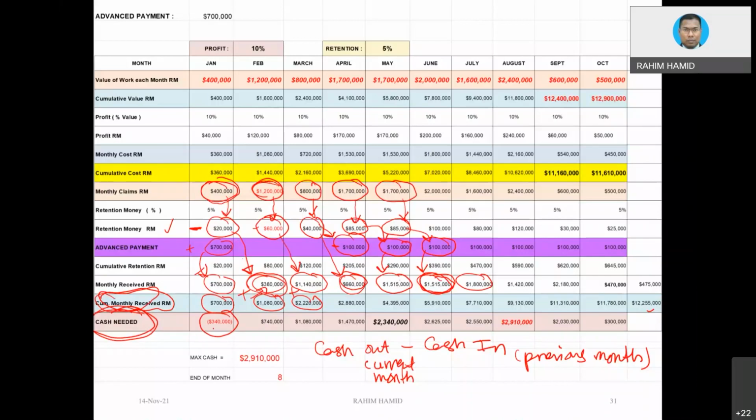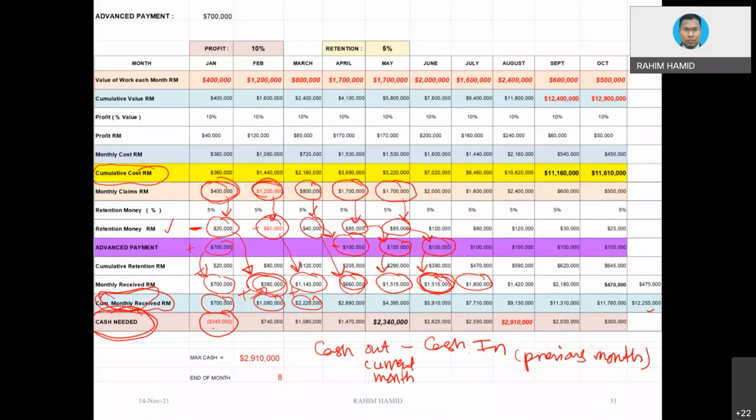So first thing first, we need to establish cash out. Which row are we going to focus on? Well, we are going to focus on the row colored yellow, this one, cumulative cost. Minus cash in.